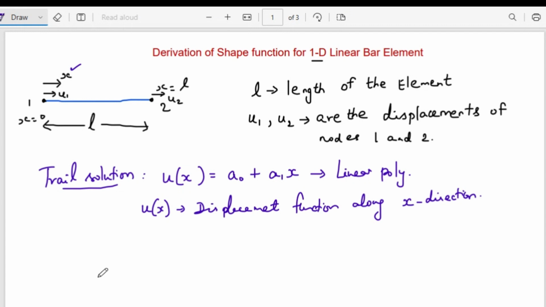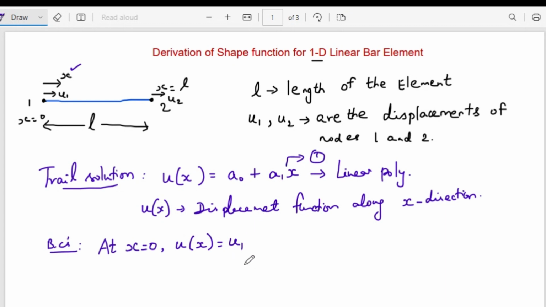Fine. So we have some boundary conditions also. At x equal to 0, at this point, my displacement function is u1. So u of x is equal to u1. If I apply this boundary condition to the trial solution, let me name the trial solution as equation 1.